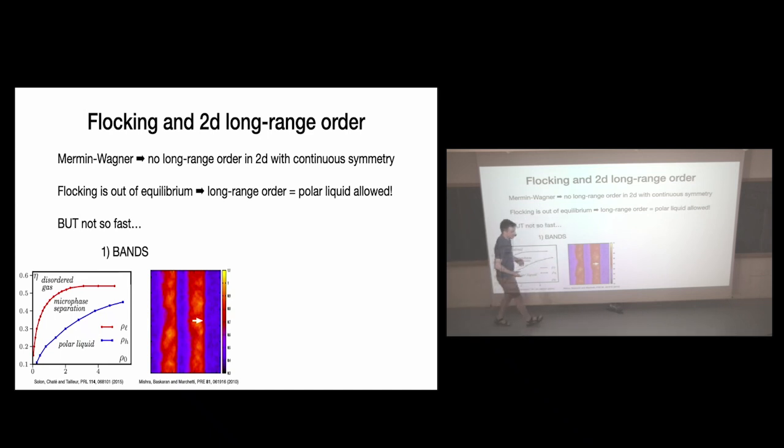Larger than these bands, you can develop a microphase separation where the system spontaneously segregates in different bands that are flocking together, where you have a dense part of the system followed by a dilute part. So this is what reminded a bit of a first order like scenario.